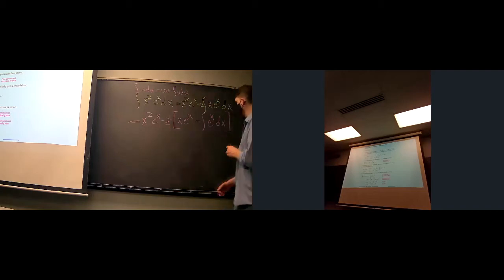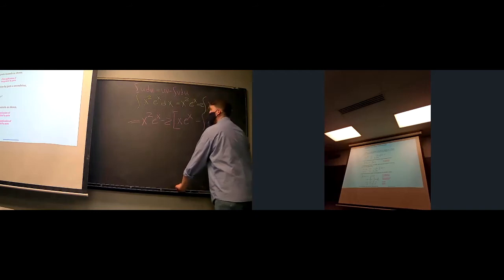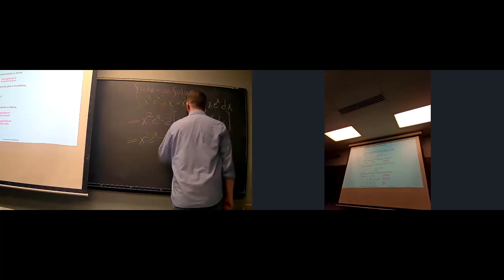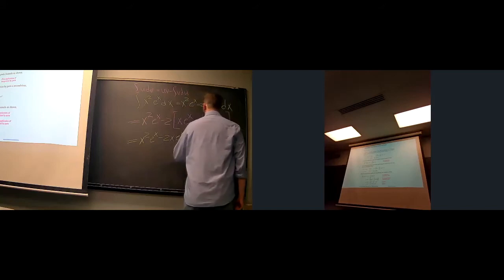Distribute the 2 and the negative through. x squared e to the x minus 2x e to the x plus 2 times e to the x dx.